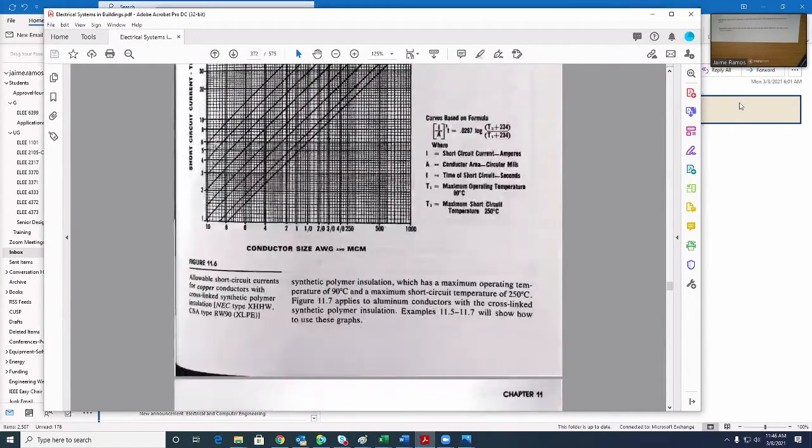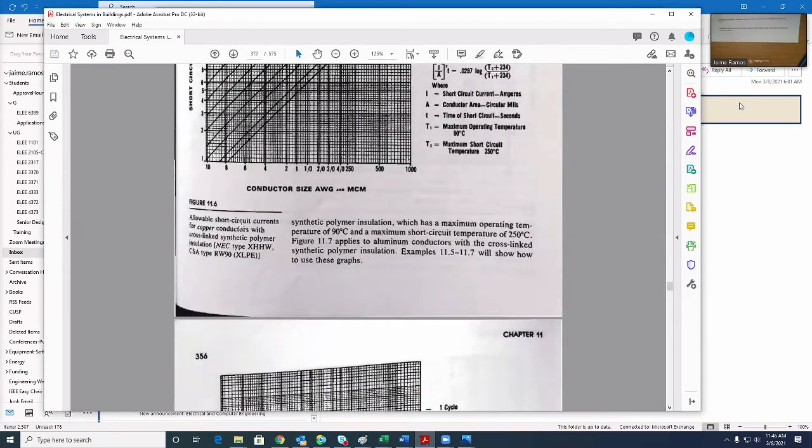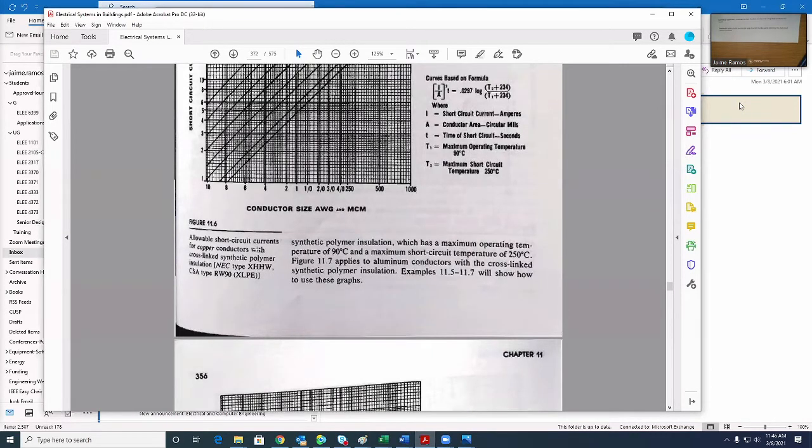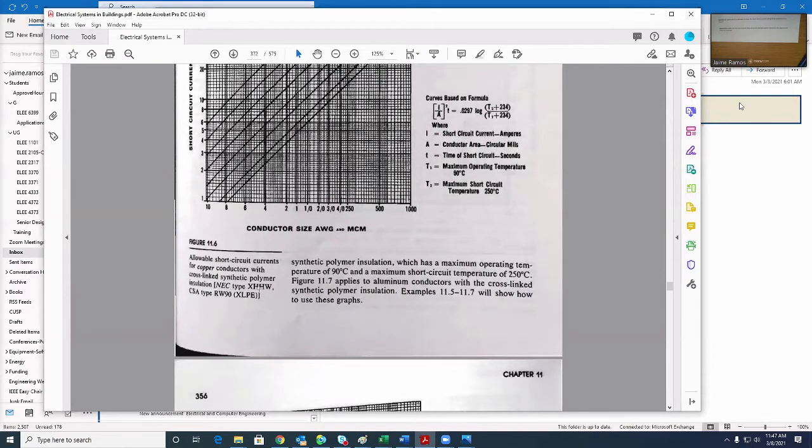However, with these conductors, the X means cross-link, and then it has HH, double heat, so a higher temperature rating of the insulation. So these conductors have a stronger, more durable insulation.